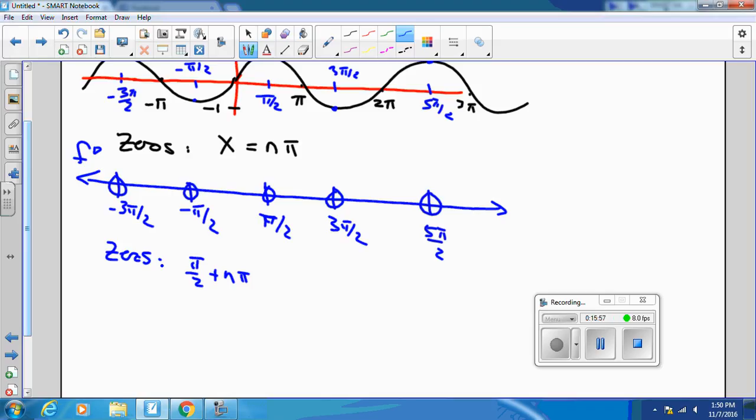Or, my other class missed this too. What do you notice about all of the multiples of pi over 2 here? What about those numbers? They're odd. That's right. They're odd multiples of pi over 2. So an easy way to write them, and the way mathematicians usually write them, is 2n plus 1 times pi over 2. This is the way mathematicians say odd.